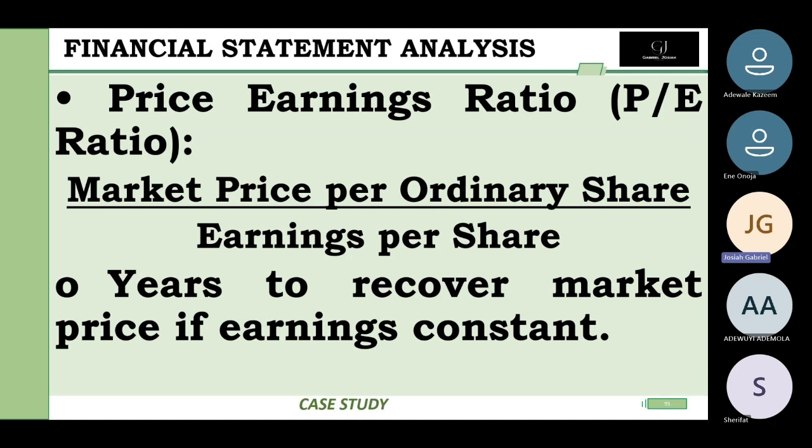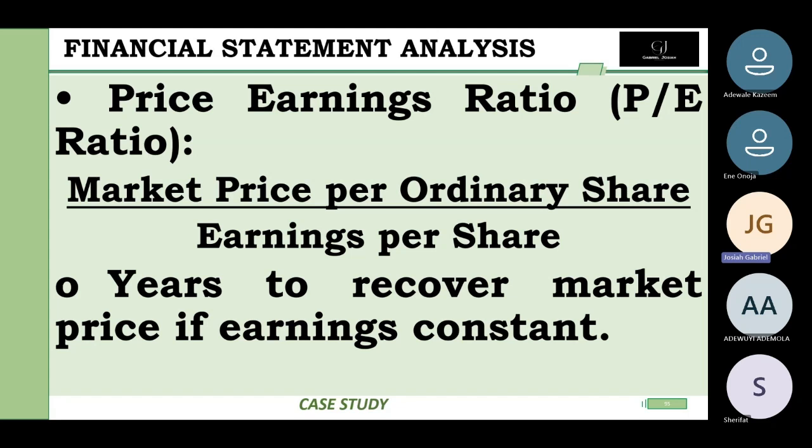We also have the price earning ratio, which is the market price per share divided by the earnings per share. And it's the years it takes to recover the market price if earnings from the profit after tax over the years remain constant.